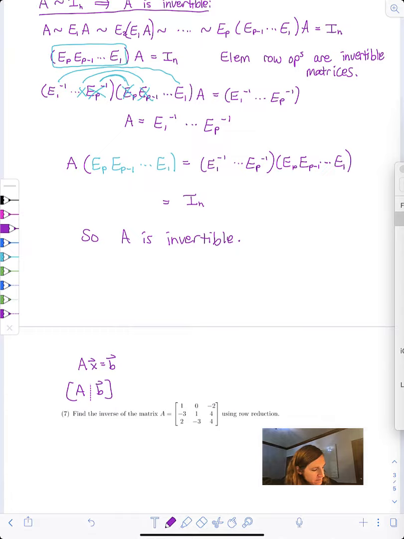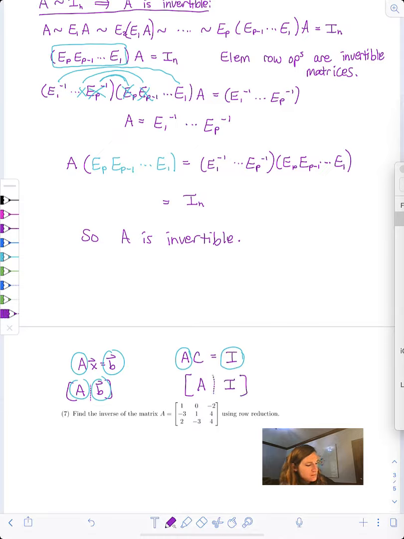Well, now we're kind of doing something like that, but we're saying A times C equals the identity. And so just like when we were solving a system of equations, we pulled the A and we pulled the known thing from the right-hand side, and we put them into an augmented matrix. We do the same thing here to find our C.